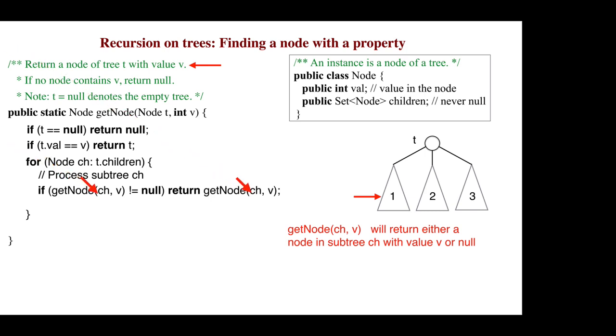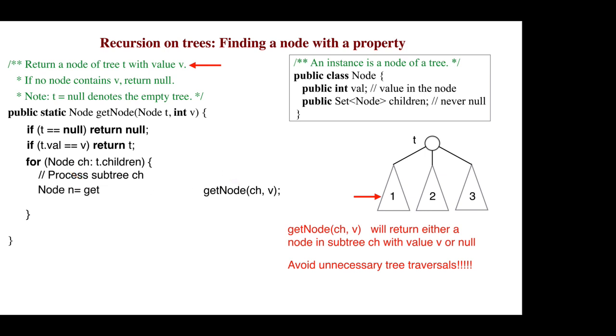But look, there are 2 calls of getNode with the same arguments. In the worst case, all parts of the tree will be traversed twice, and for a large tree, that can be very expensive. When writing methods that may traverse large data structures, avoid duplicate work whenever possible. So we introduce a local variable and rewrite the loop body.